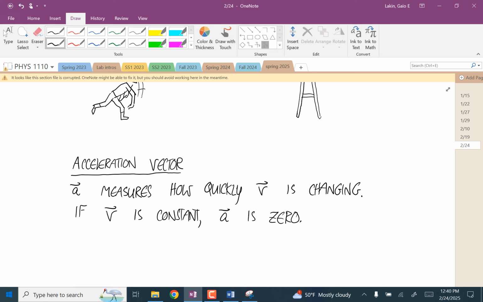So in a problem, if I want to give you the information that the object's velocity is constant, I can tell it to you two ways. I can say the velocity is constant, or I can say the acceleration is 0. They mean the exact same thing. Okay.